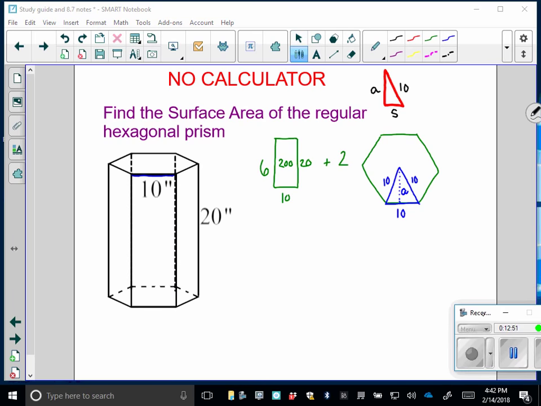So I know that a squared, because this is a right triangle, plus 25 is equal to 100. So a squared is equal to 75. So the square root of both sides gives me a is equal to, and 75 breaks down to 25 and 3. So a is equal to the square root of 25 times the square root of 3, or 5 square roots of 3.